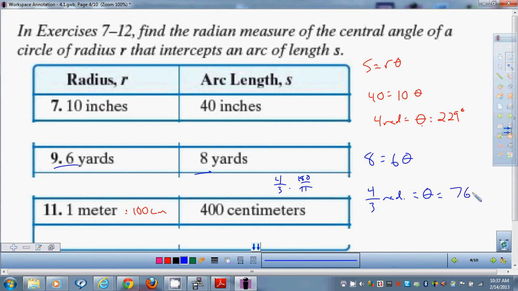Well, you did. 76 is right. Over pi? Yeah, same difference. The people who are wrong, they only did the 3 or the pi. They didn't do both of them. Questions about that one?